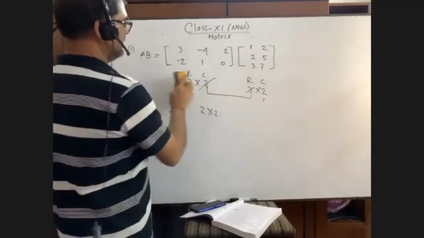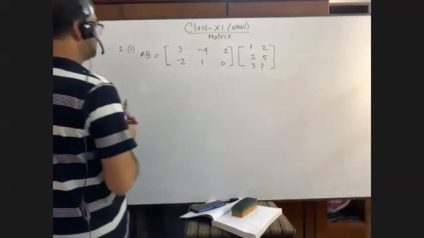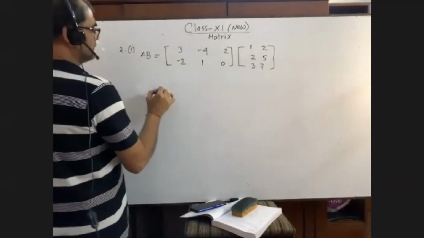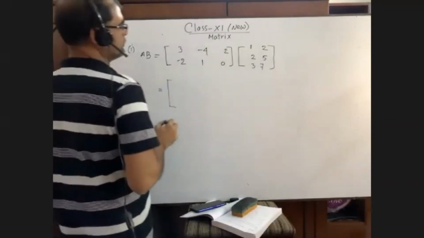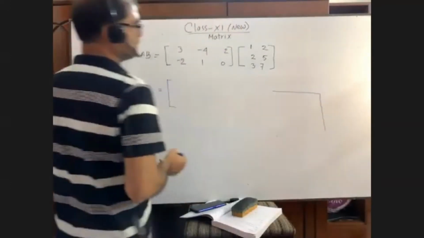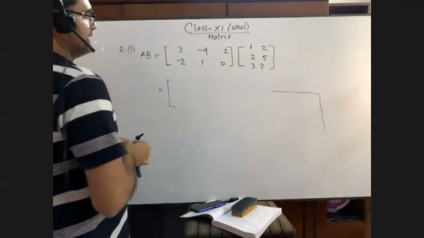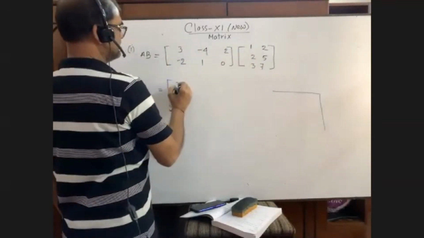You see how to multiply. Don't take any tension. It will be done very easily. At first, what is to do in this way? Just remember this part. Here 3 into 1, that is 3.